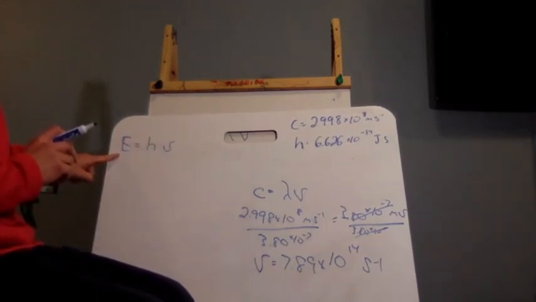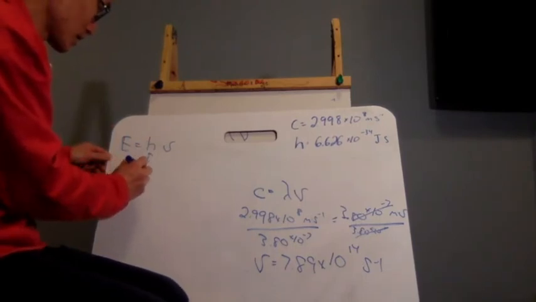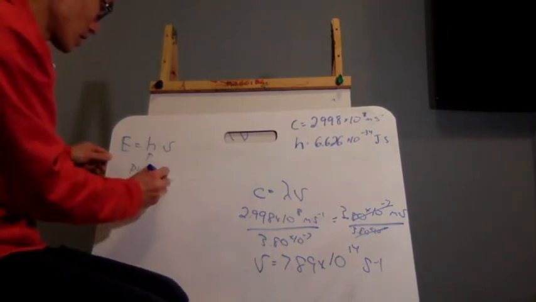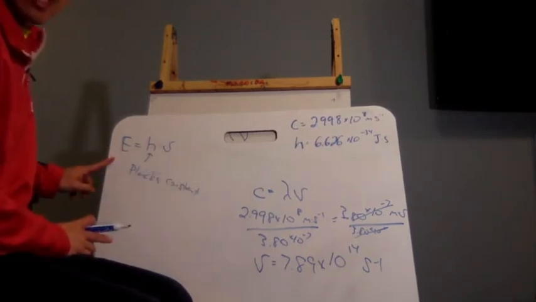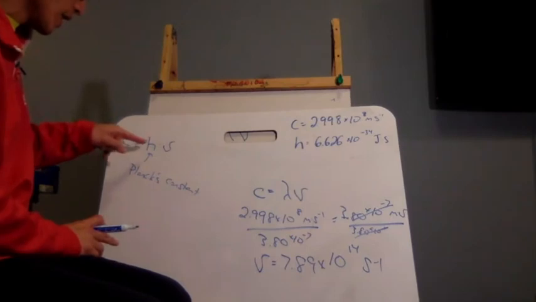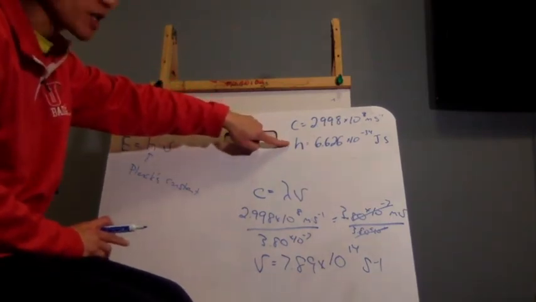This is called Planck's constant, named after Max Planck, and Planck's constant is right here. This is also on your equation sheet.